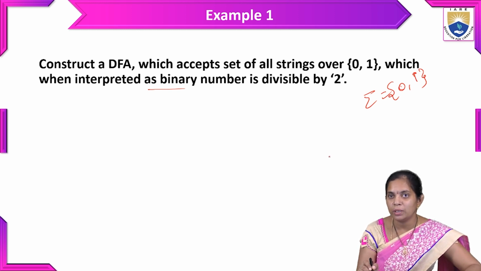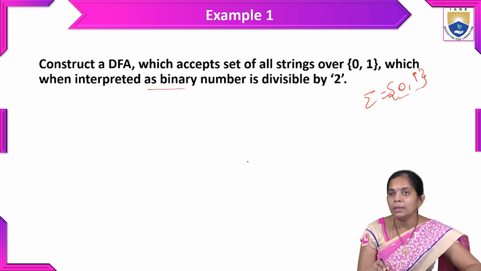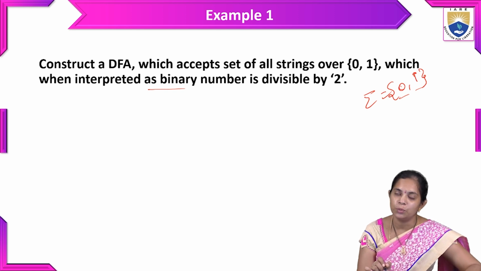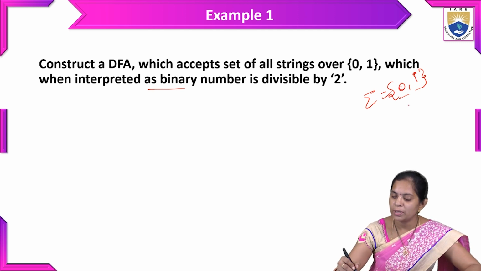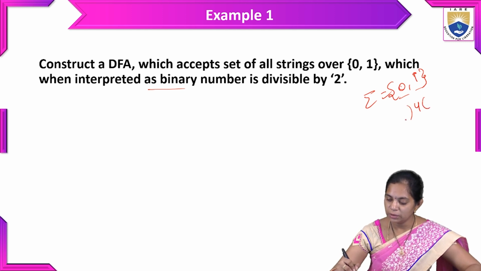We already know that a binary number has the input symbols 0 or 1. So, binary numbers which are divisible by 2. Suppose we take 4 as an integer and divide it by 2; it gives remainder 0.